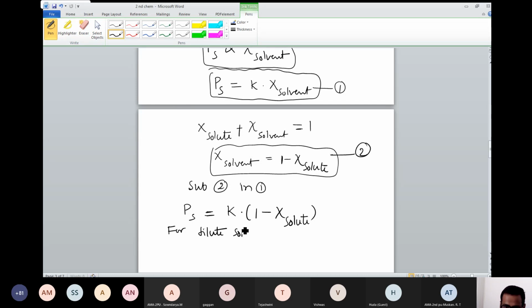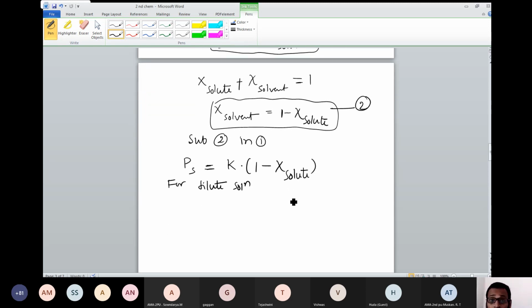For dilute solutions, this mole fraction of solute will be very less, right? So I am deriving the formula for dilute solutions. Remember. For dilute solutions, what happened? Dilute solution means what? Solute is very less, solvent is very high.